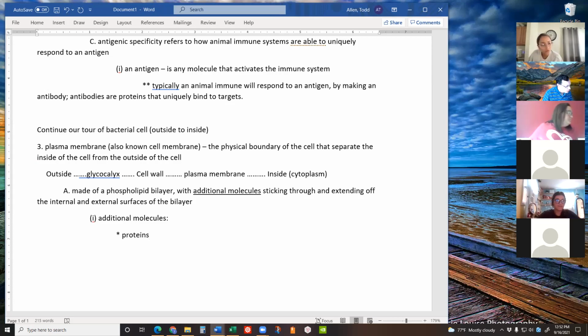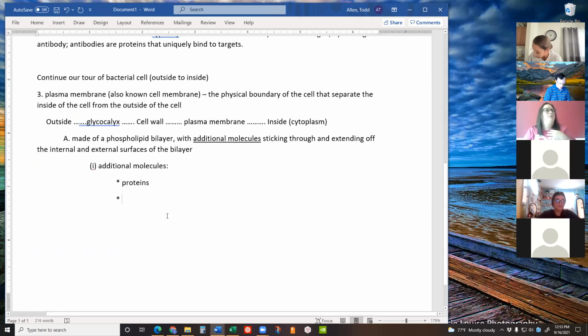Additionally, your book is not quite as detailed as sometimes I would like. Let me tell you some other molecules you may find sticking through the bilayer. You can definitely find some categories of steroid molecules associated with the bilayer. Steroids, you remember from chapter 2, is a category of lipid.